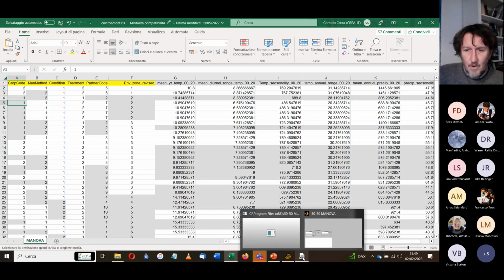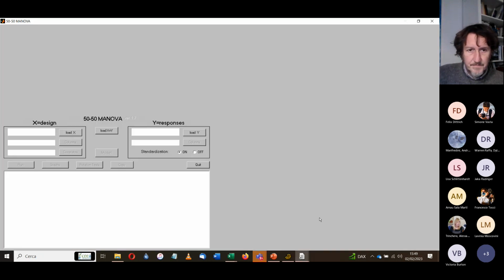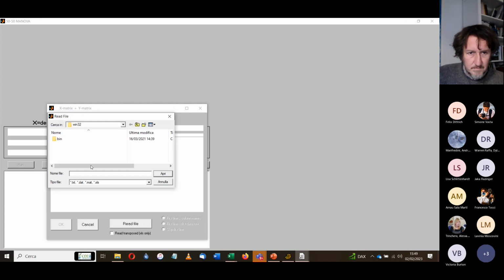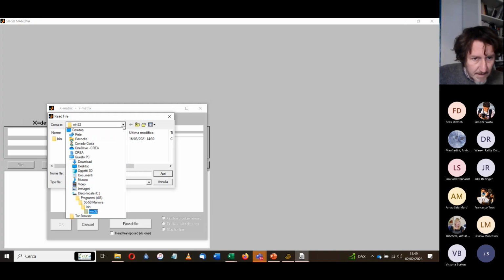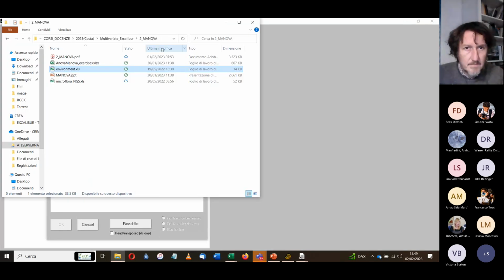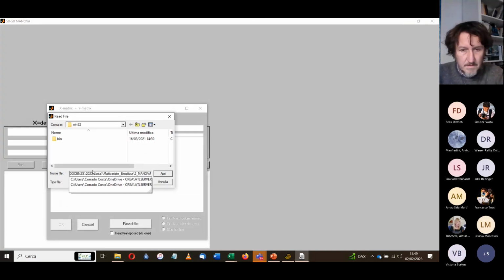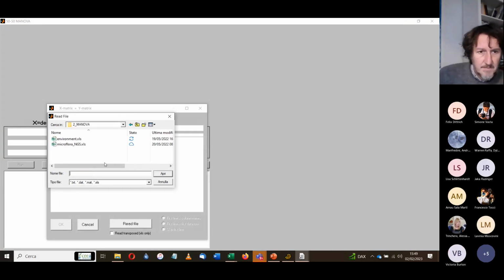So now we can start loading the file. You have to reach the file. Sorry, I just copy it here. Okay, so let's start with environment XLS.